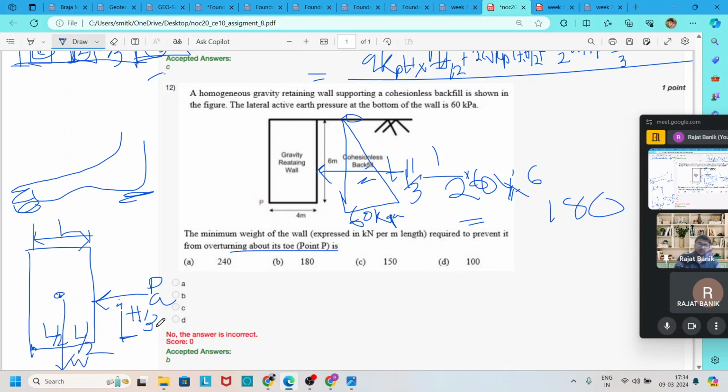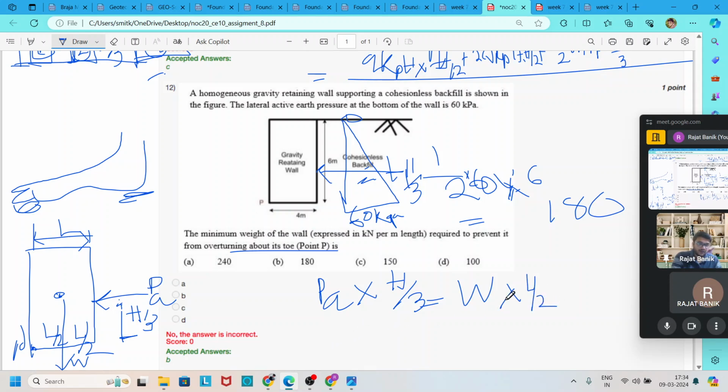Now, to prevent the overturning moment, we apply the resisting moment in terms of the weight with respect to the toe. So just equating the moments: the overturning moment is PA, the active thrust, into the lever arm h by 3, and the resisting moment is W, the weight of the wall, into L by 2.